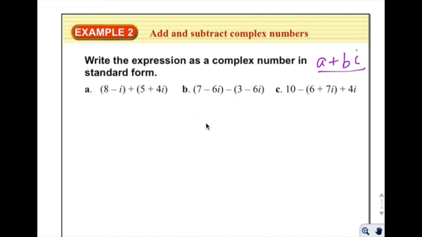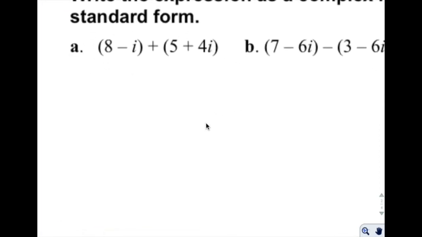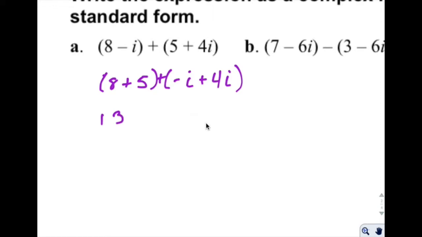Letter A, I'm going to start with 8 minus i plus 5 plus 4i. So I just kind of need to rearrange my terms and add them together. So 8 plus 5 goes together, plus negative i plus 4i. 8 plus 5 I know is 13.